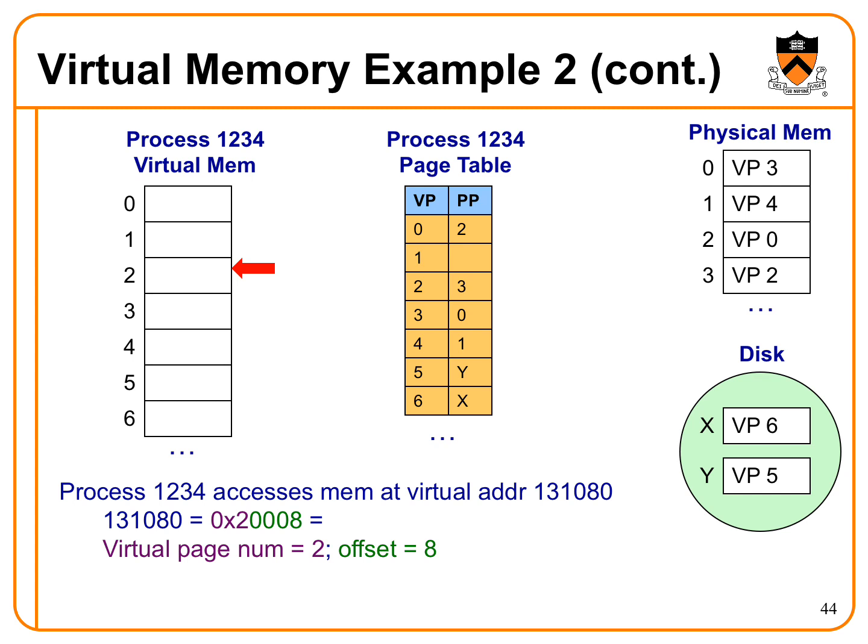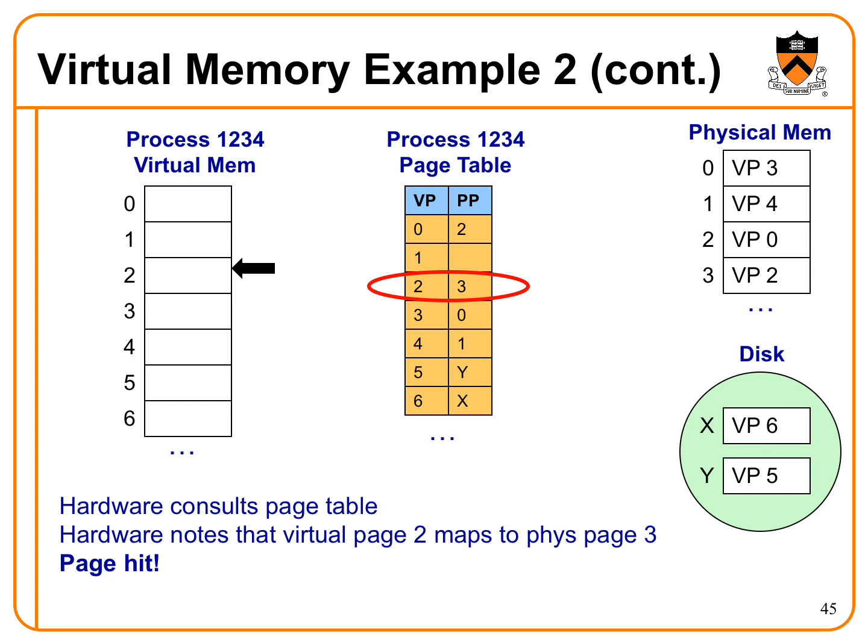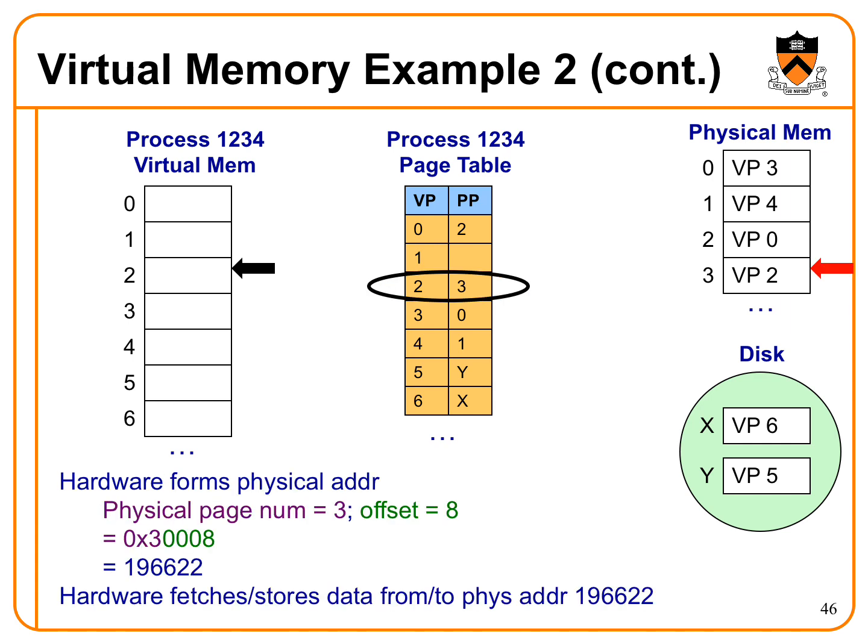Last time we got a page miss, but the hardware does its mapping, virtual page 2 to physical page 3, and now it's a page hit. With the successful lookup, the hardware forms the physical address, 30008, and it fetches or stores the data as appropriate. So for this operation, the hardware started, ran into problems, had to cooperate with the operating system, but then was able to finish it out as planned.